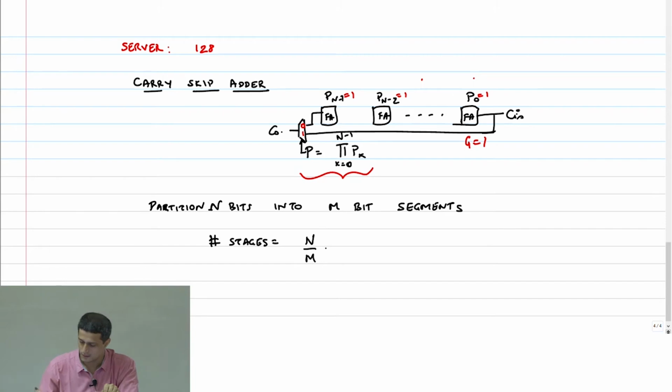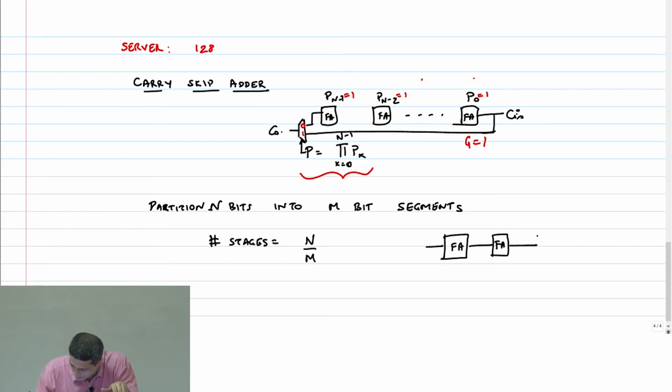Okay, so what I'm going to do is full adder 0. Let's say I'm going to partition this with M equal to 4 bits, and I'm trying to do 16-bit addition. That's the example we are going to consider. Full adder, then a mux, C in.